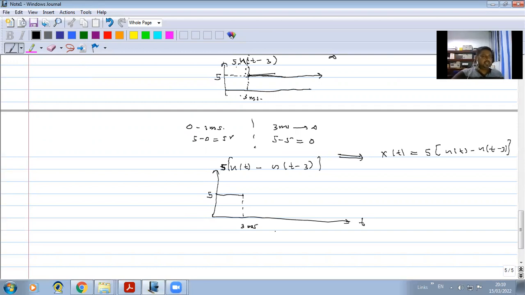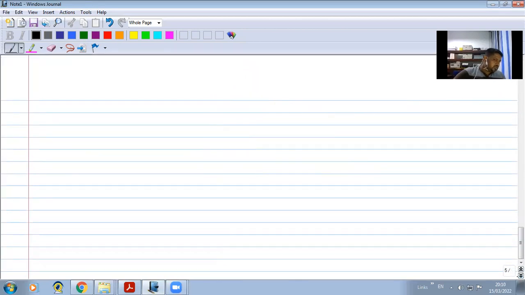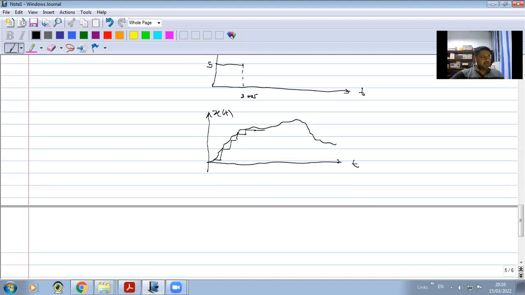So in general, this is a very important derivation, because almost every signal we can express, approximately, using unit step functions. For example, if we have this kind of signal, say this is the signal x(t), you have to model this signal. You can approximate the signal with small steps like this.